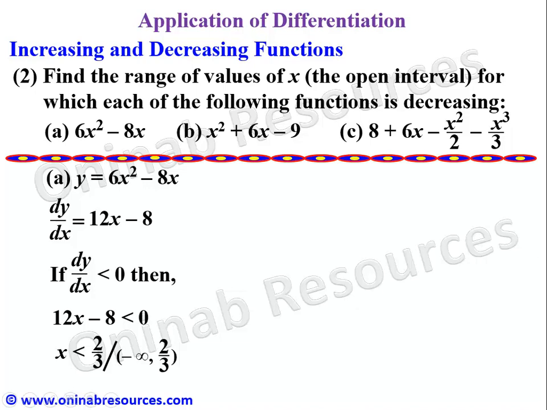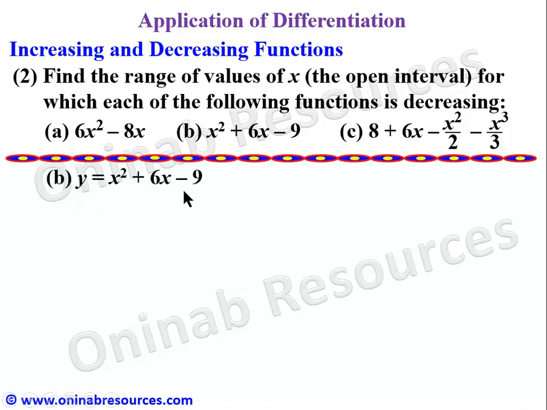This is the range of values of x for which the function in problem 2a is decreasing. So we go to problem B. For problem B, again, we are going to find the first derivative of the function. So that is dy/dx is 2x plus 6. Since we are looking for the interval for which the function is decreasing, it means dy/dx is less than 0.